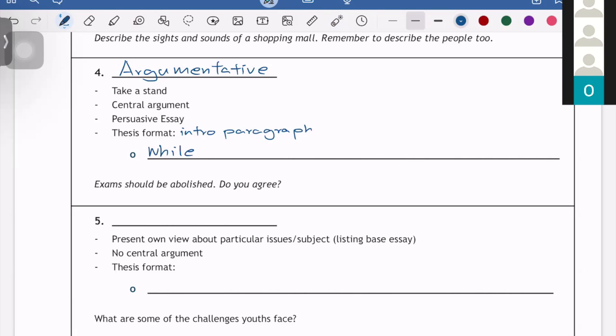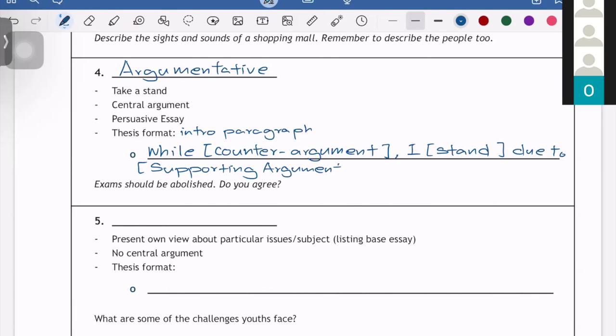So, while I include my counter argument, I tell you my stand, disagree or agree, due to supporting argument 1, and supporting argument 2. This is your thesis statement.